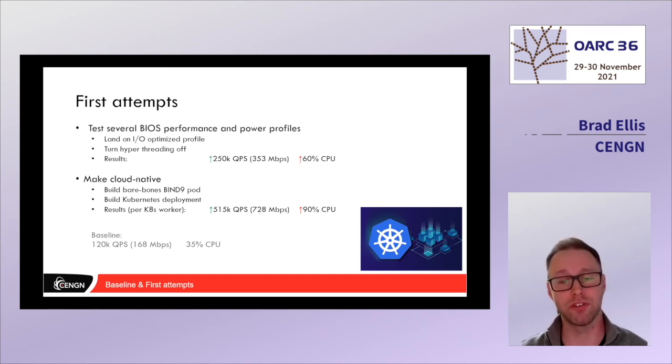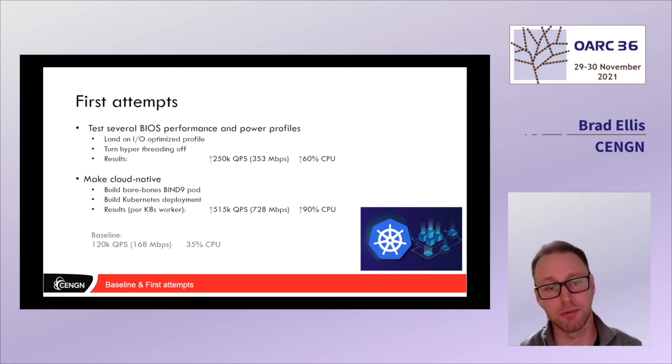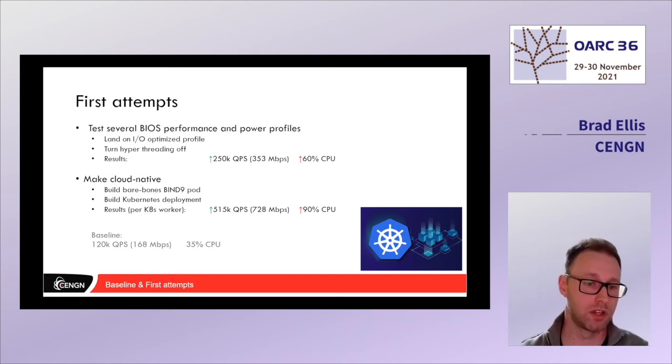This was successful in that we were able to fully utilize the hosts, and it accelerated the management or adding on of more hosts and getting them going. However, we still only saw about 500,000 queries per second, still less than a gigabit per second per host. So it was an improvement, but obviously not quite what we were looking for.